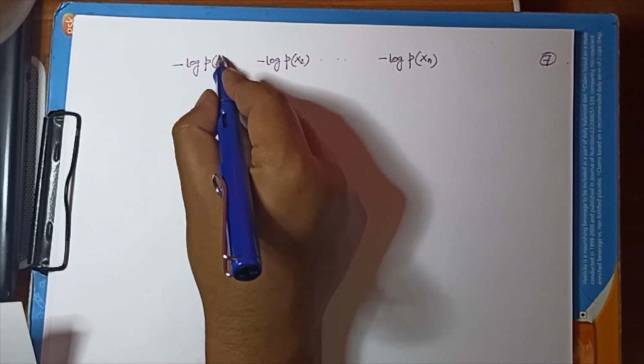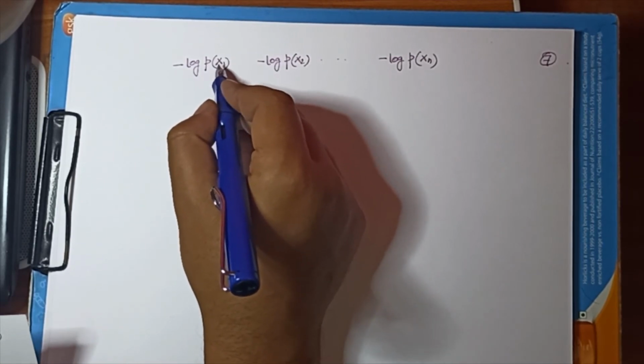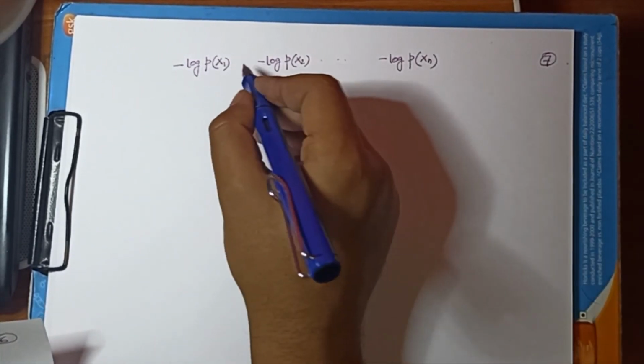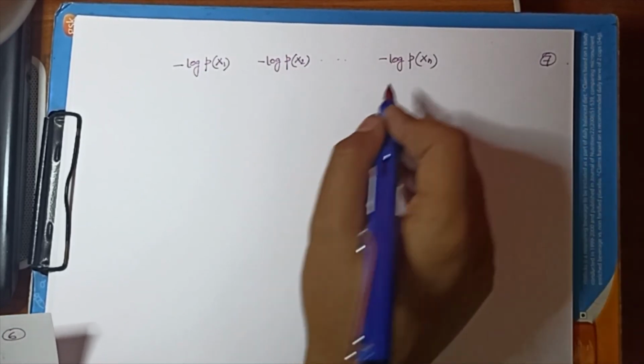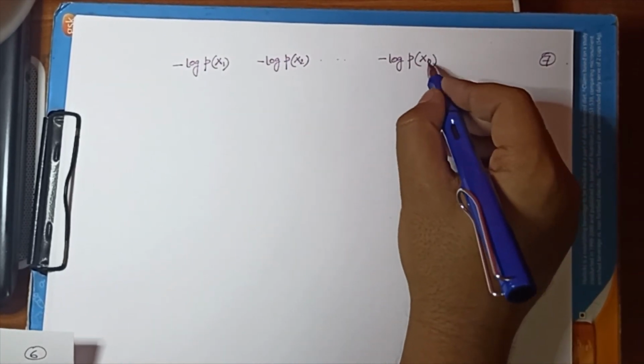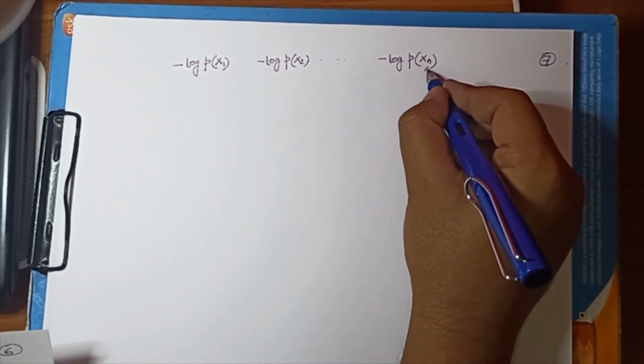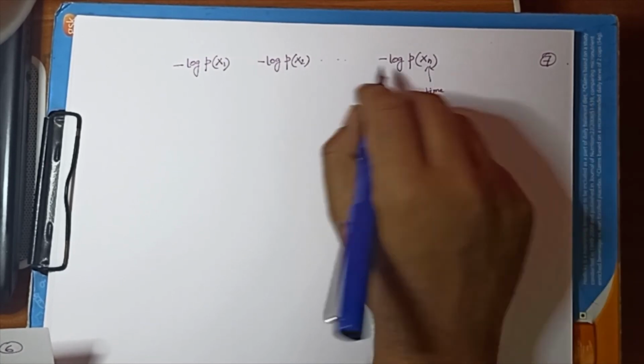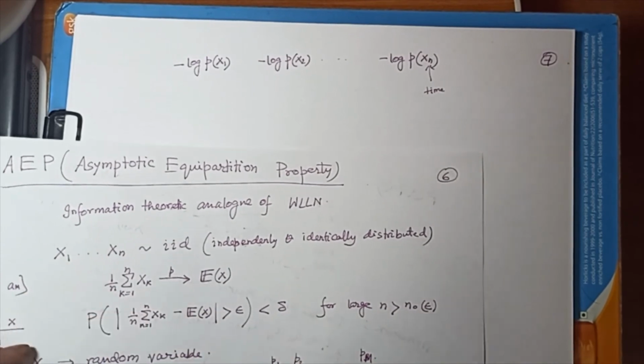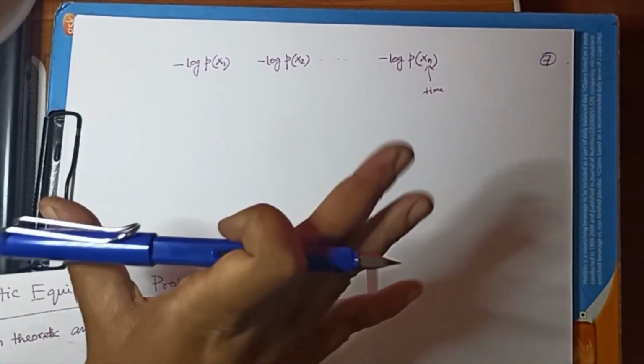These are the different instances of the random variable. The index is essentially time, how many times you are drawing that random variable from the source. N instances. So this is basically the n tuple.